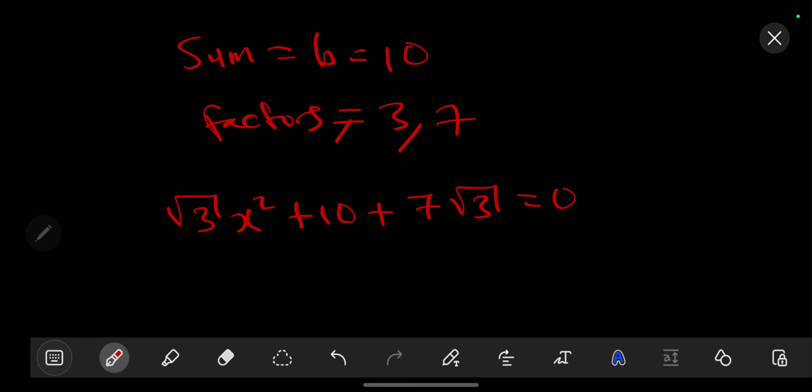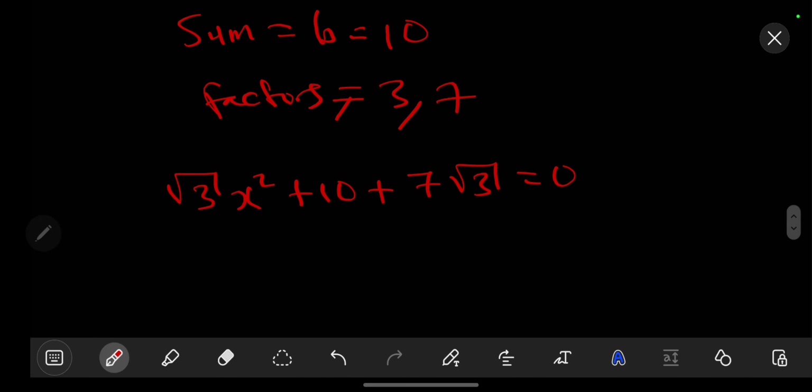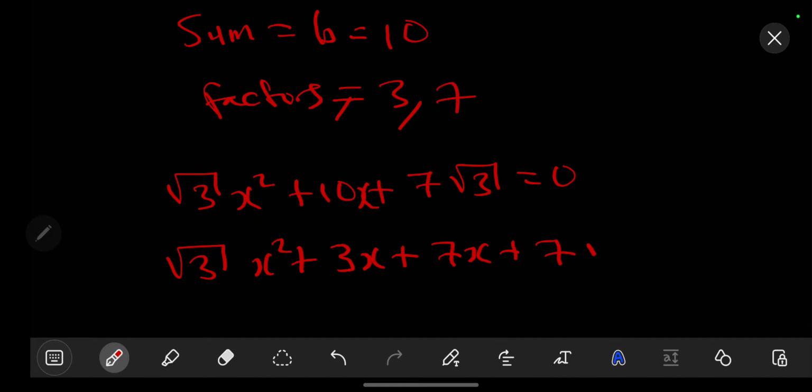It's okay to interchange them, but for the sake of simplicity. We have the 10x, and we replace it with these factors: the square root of 3 x squared, plus 3x, plus 7x, plus 7 square root of 3 should be equal to 0.